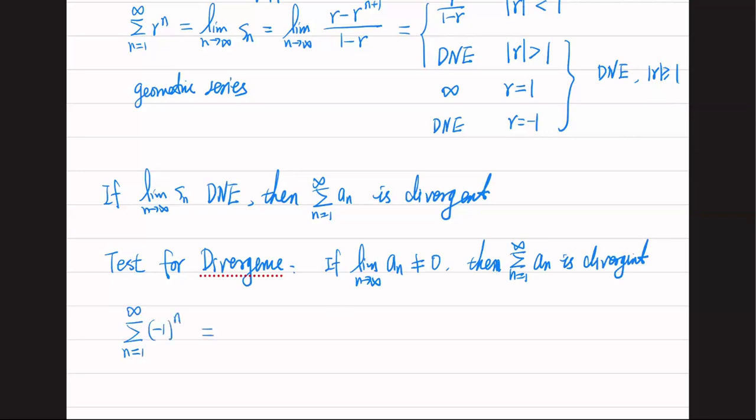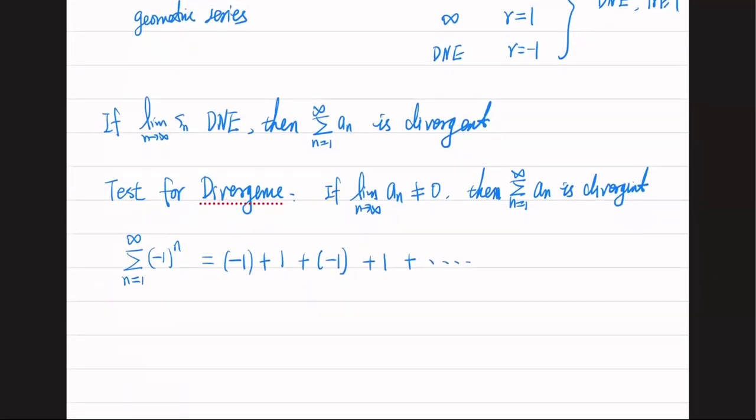Okay, Zichen, what's the first term of this series? -1. Sakina, second term. 1. Sophia, third term. -1. Elisa, fourth term. 1. For this one, if we check the partial sum S1, S2 will be 0.